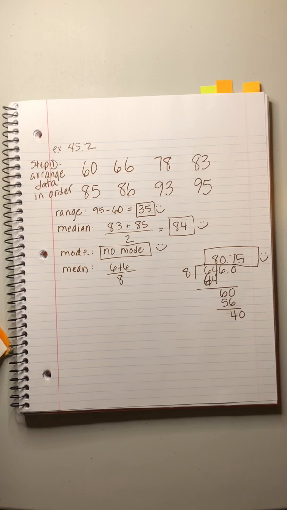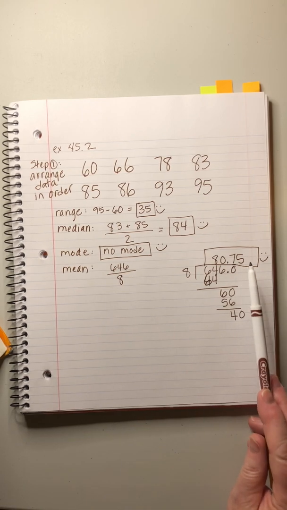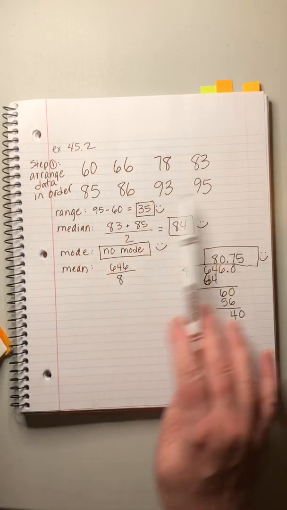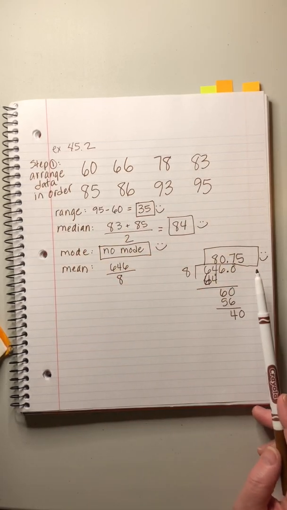If you'd like a little more time to do the division, you can pause me. But there's the answer. So the mean or average test score of this group is 80.75.